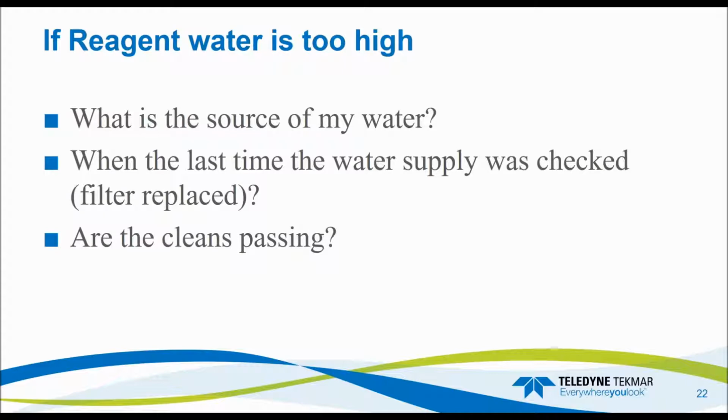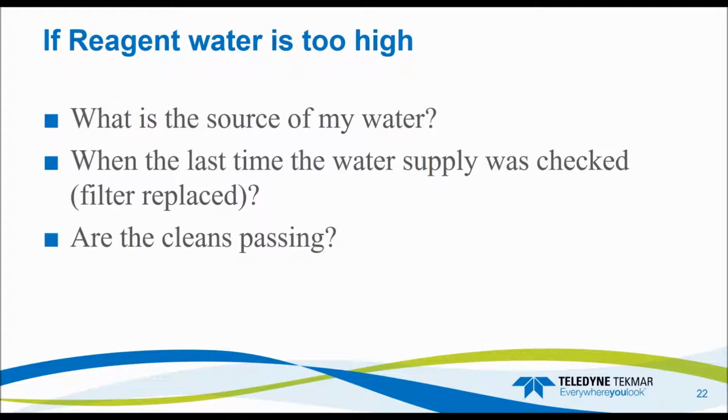All right, so let's talk about it. If the results had turned out differently and that reagent water was too high, I would recommend checking the source of your water. I know here we use very high level reverse osmosis water. I strongly suggest something like that. Of course, the better the quality of your water, the lower that's going to be.